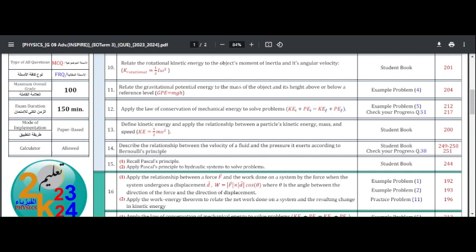You first calculate I in this formula, and then you will also be given the angular velocity. The angular velocity is how much angle it sweeps in 1 second, like angular speed. Angular velocity will be given in radians per second. That is the unit for angular velocity.